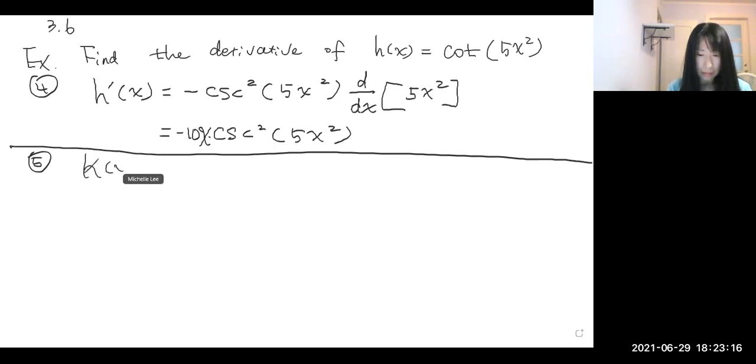So for these types of problems, you don't want us to expand them, right? There's nothing we can expand. This is a composite function, right? Cosecant squared of 5x squared. On the homework, there were some where they say don't expand. Some did, some didn't. On the test, if some did, then it is more complicated.